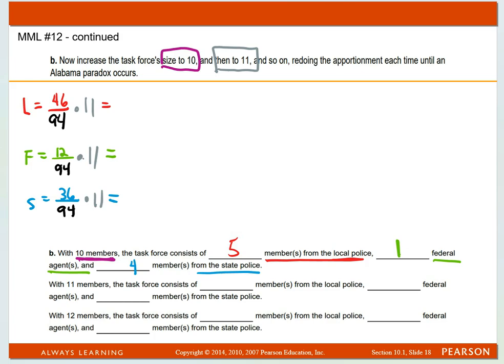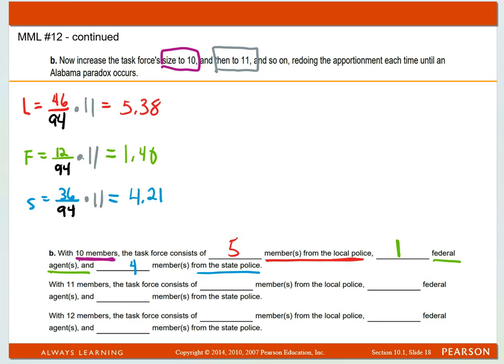Remember, they're not changing the number of police officers, just how many people are going to be on this task force. And so now when I do this, for 11, the local boys have 5.38, and the feds have 1.40, and the state boys are at 4.21.